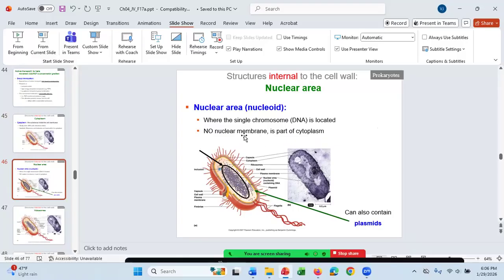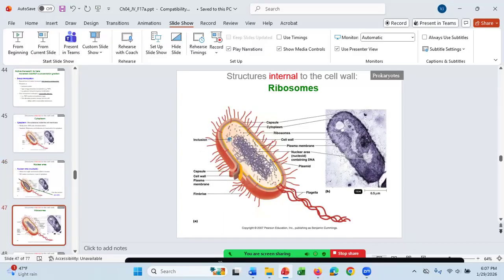There's no nuclear membrane separating the nucleoid region from the cytoplasm. It does cause the cell to stain differently, what's called the nucleoid region. We can also have some plasmids, short molecules of DNA external to the chromosome, and they're not part of the nucleoid region. Or at least they don't have to be.